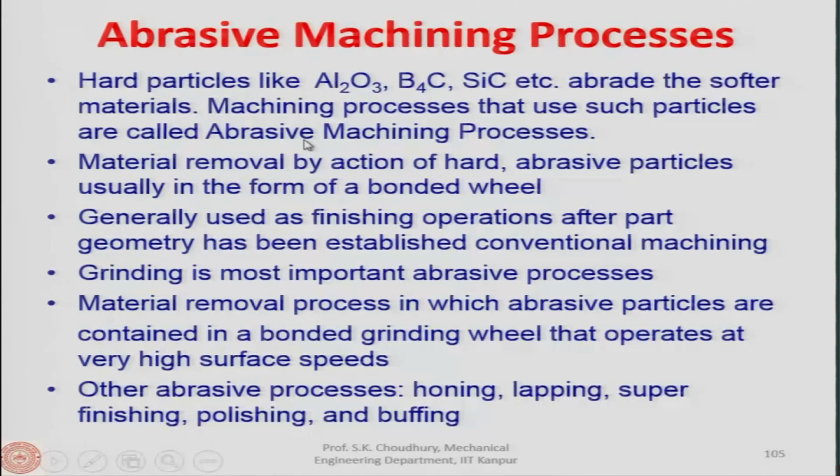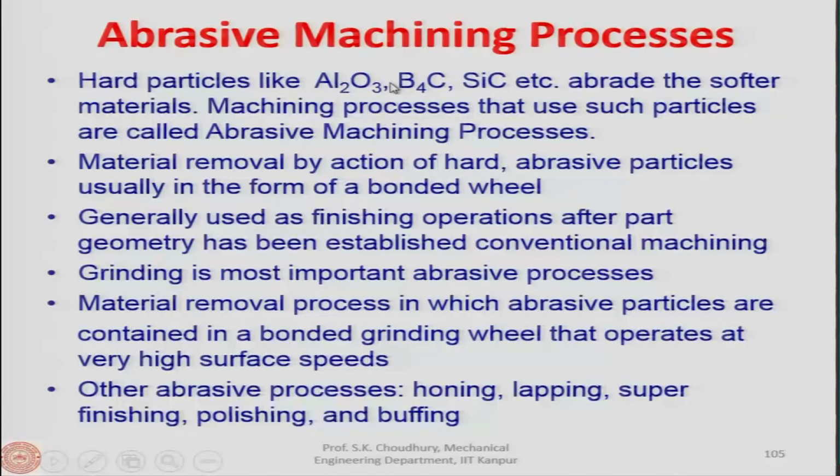Next topic that we will be discussing in machining is the abrasive machining processes. Let me first give you a preamble on why these abrasive processes are used and why they are called abrasive processes. Now, the tool material, as we keep telling, has to be harder than the workpiece material, and that percentage is quite high, from 35 to 58% we said.